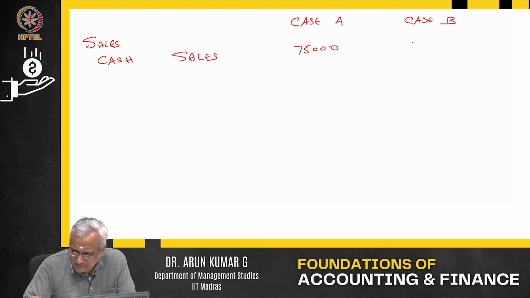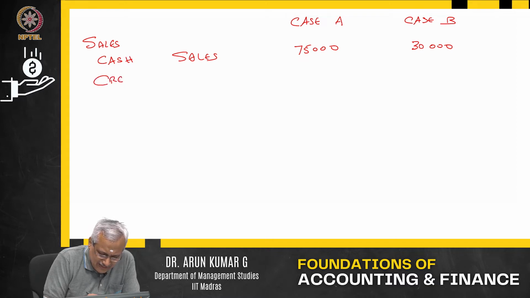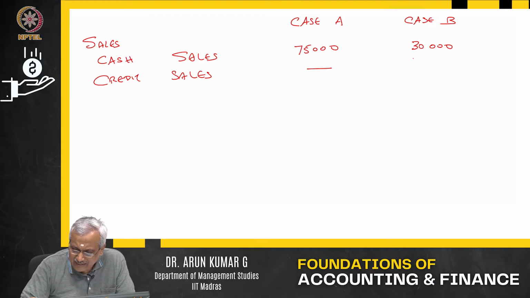Cash sales for case B is about, let us say, 30,000. Credit sales for A is 0. For B is about 35,000.